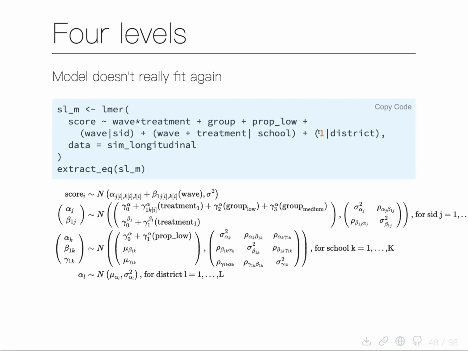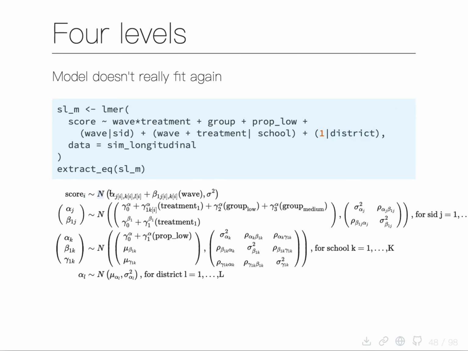But then we're also estimating intercept variance at level 4, which is district, okay? So we've got wave varying randomly across students, wave plus treatment randomly varying across schools, and then the intercept varying randomly across districts, okay?